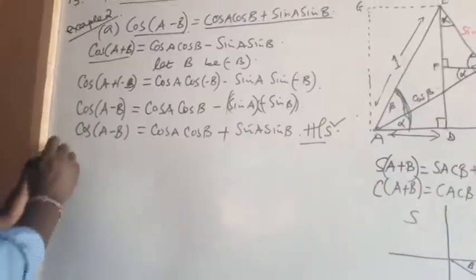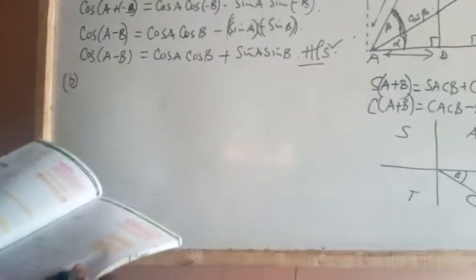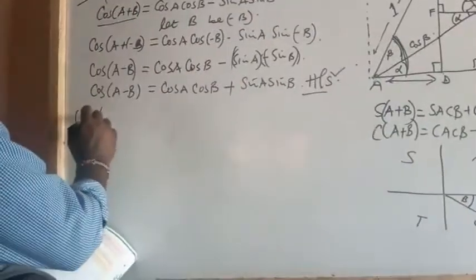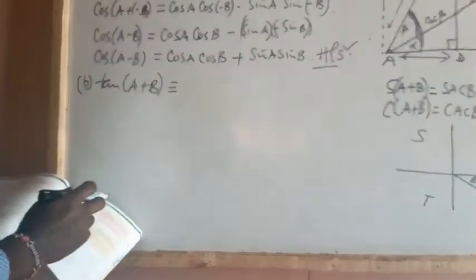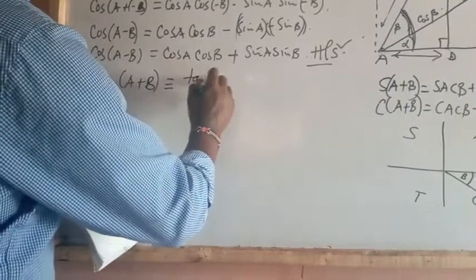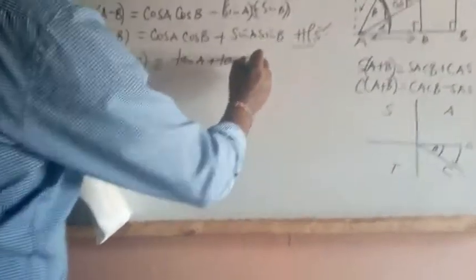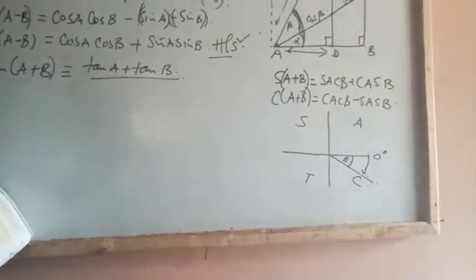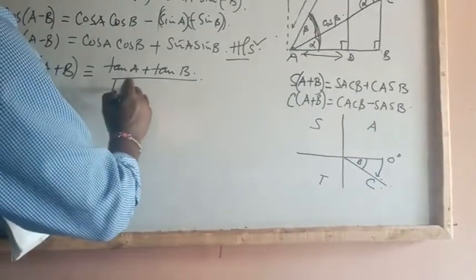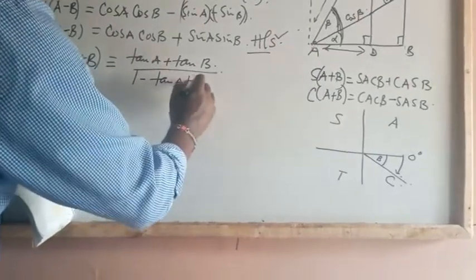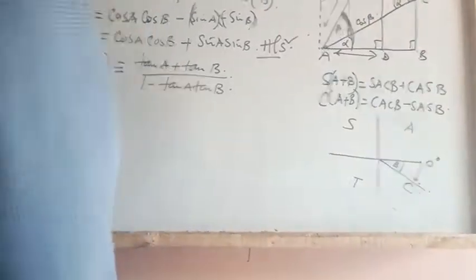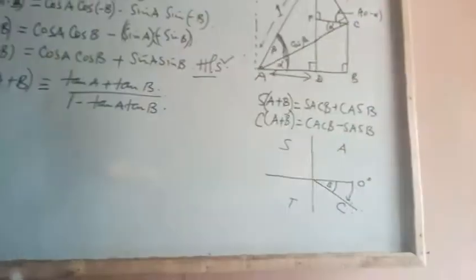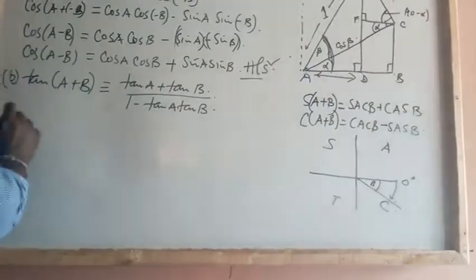And if you look at what you're supposed to show, this is exactly what you're supposed to show, hence shown. If you look at part B, we are supposed to prove that the tangent of A plus B is exactly equal to the tangent of A plus the tan of B all over 1 minus tan A tan B. And again, we don't know anything else apart from this.